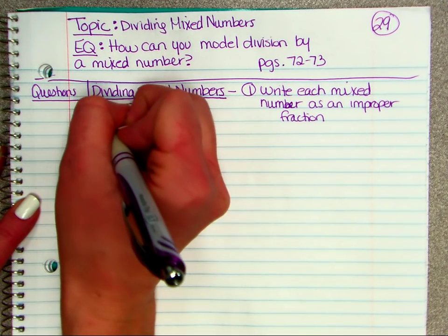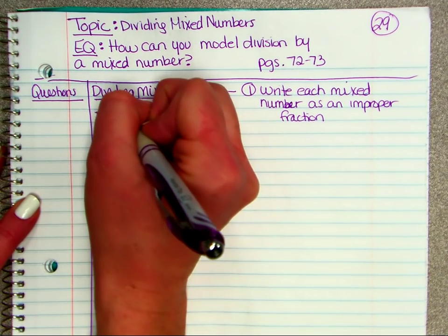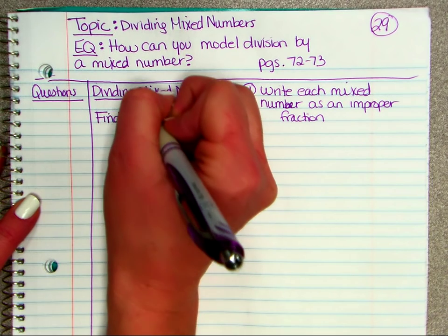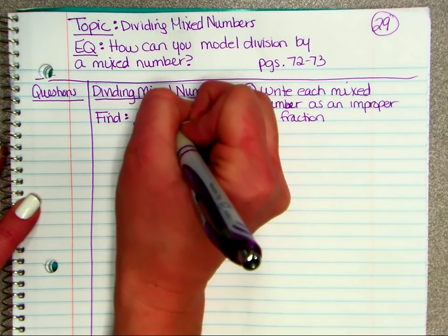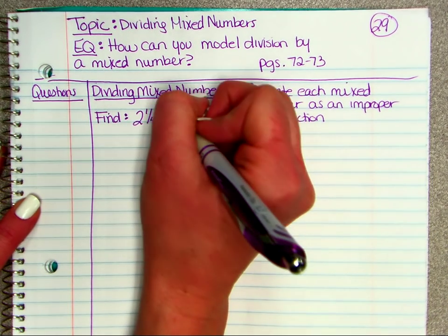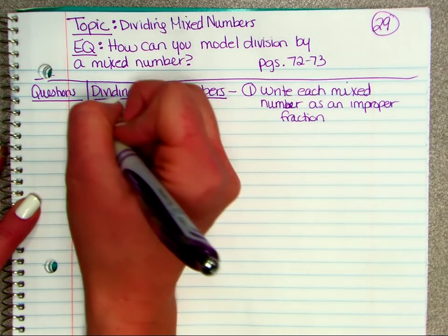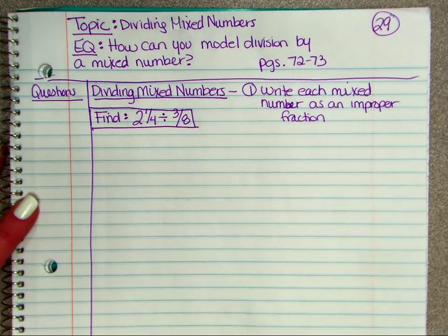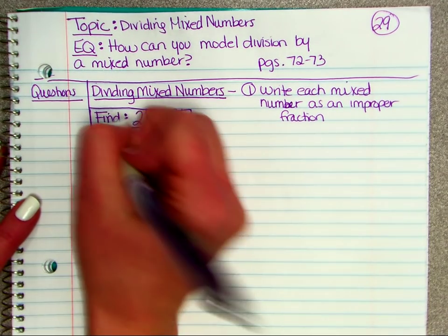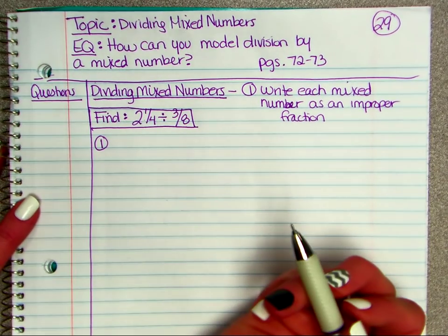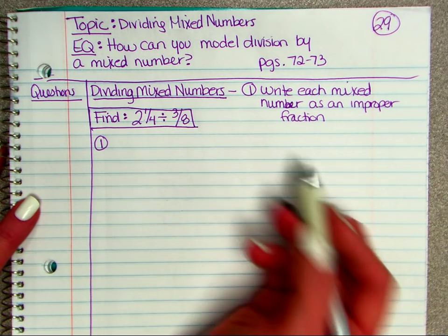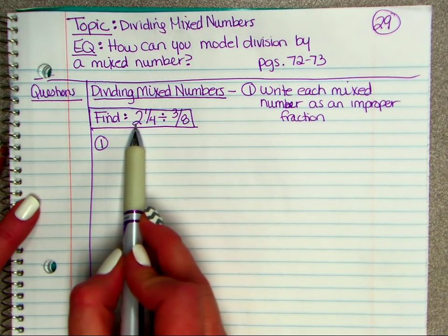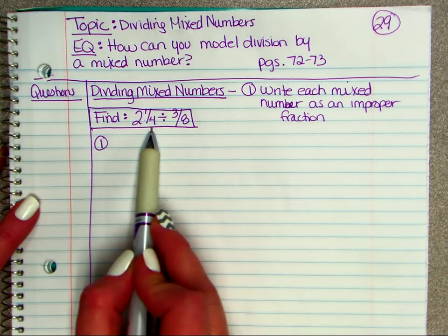If I had the problem, find 2 1/4 divided by 3/8. Box that because that's my question. The first thing I want to do, step 1, is convert 2 1/4 to an improper fraction. I do that by going whole number times the denominator plus the numerator.